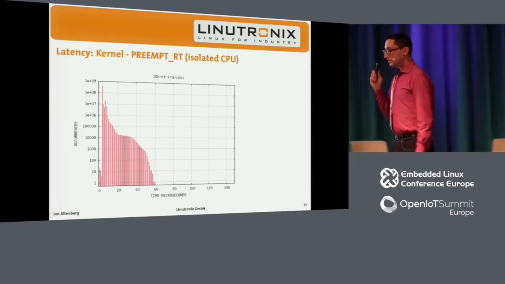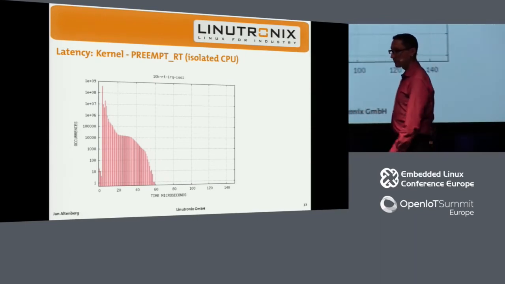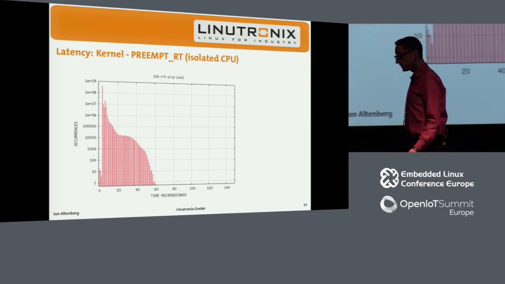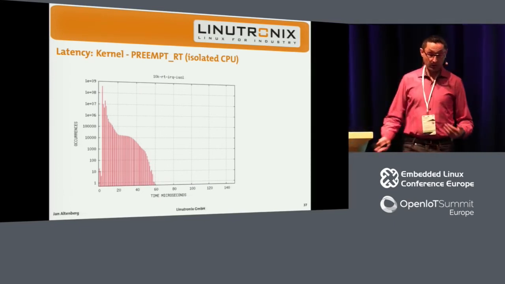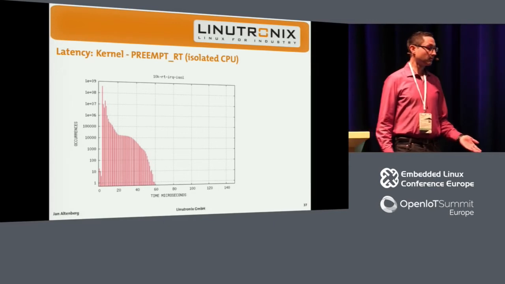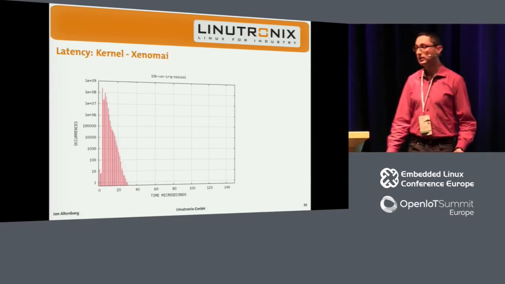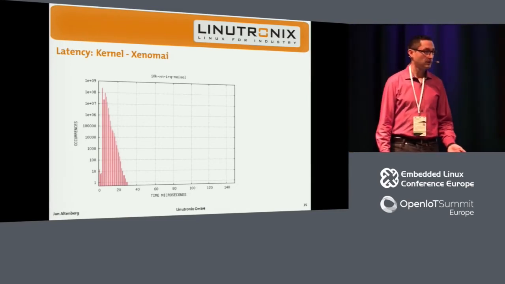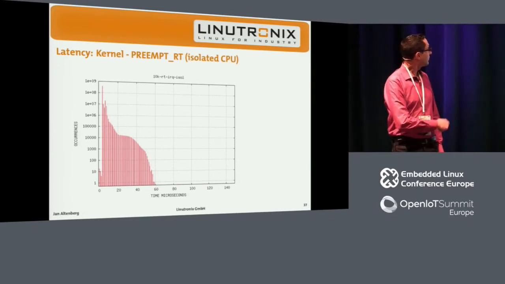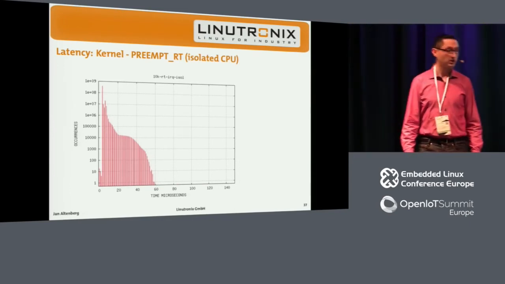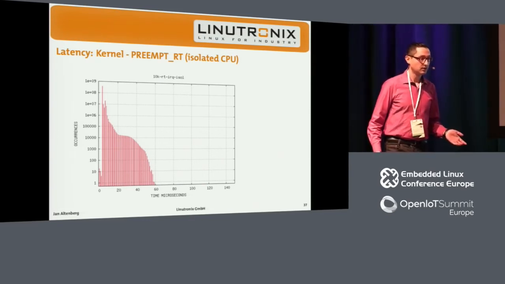So now we did one last measurement on the kernel latencies. Basically, we were running on an ARM platform, and I was saying we compare apples with pears, but if you go with the microkernel, you might be willing to accept a couple of limitations on your system. So I was thinking, could we also put some limitations on the PreemptRT system and see if that could somehow improve the latencies?